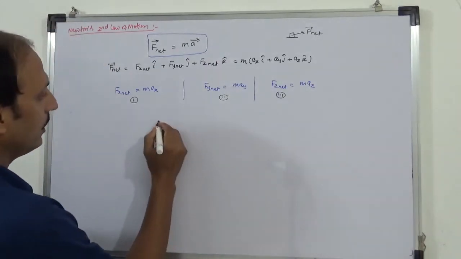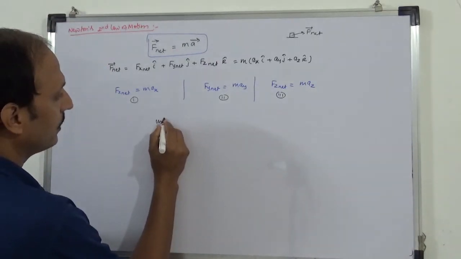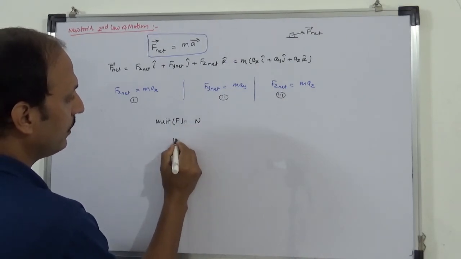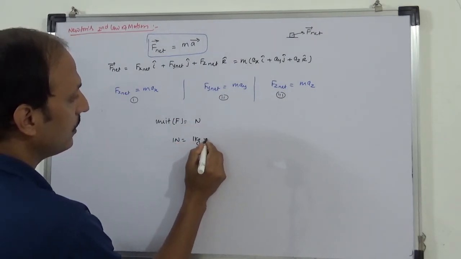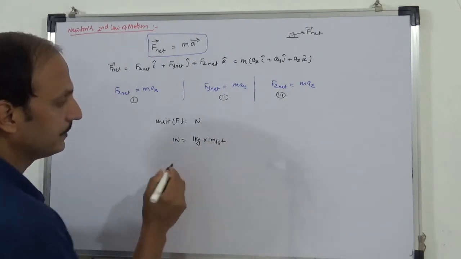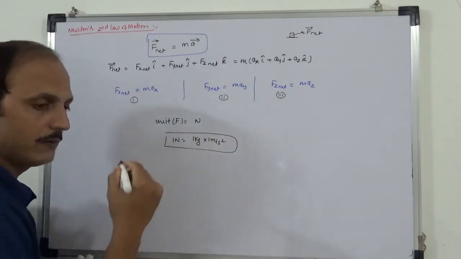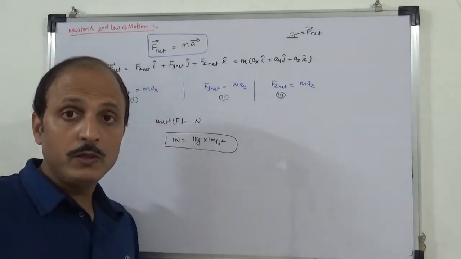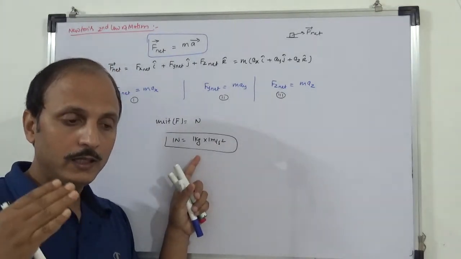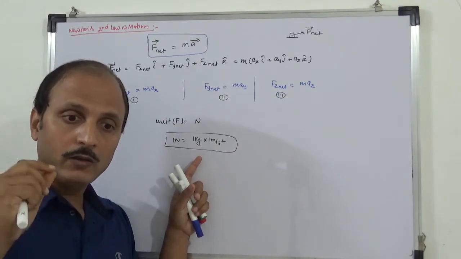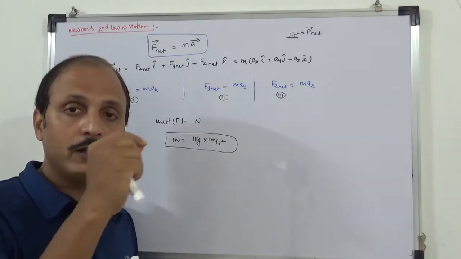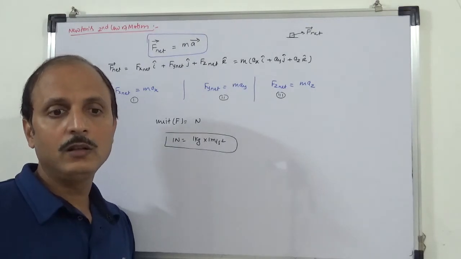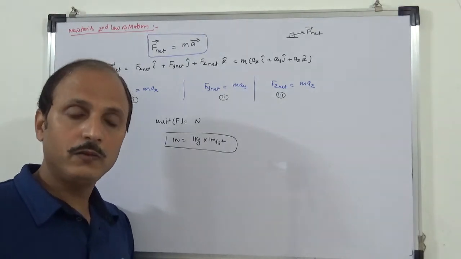Unit of force is equal to Newton. 1 Newton is equal to 1 kg into 1 meter per second square. So the definition of Newton will be this, कि the force is said to be 1 Newton when a 1 kg mass of a block is accelerated by 1 meter per second square. That is called 1 Newton of the force.